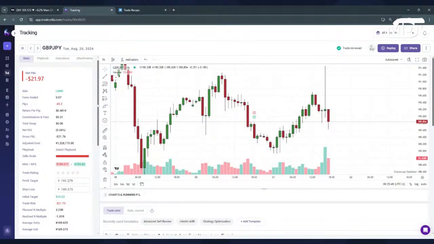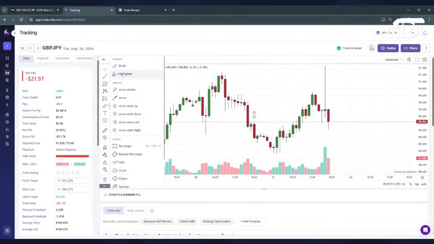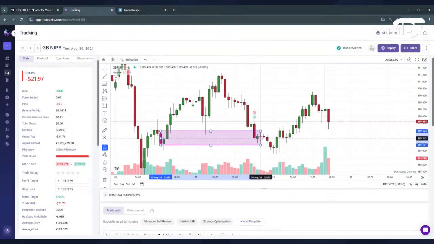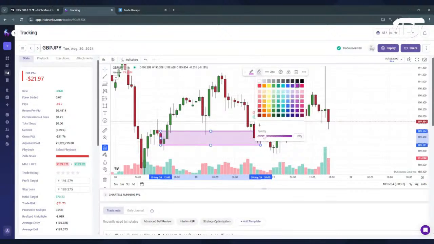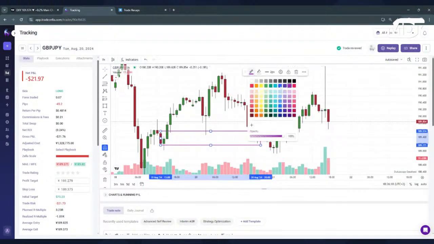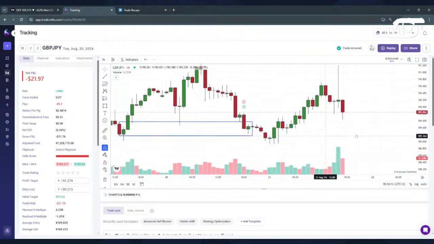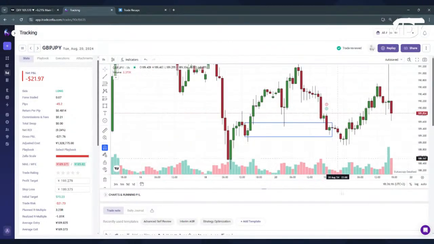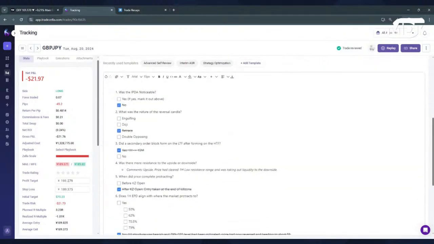Oh, it's this one. That's the order block. Let me make my order blocks blue like they are in my normal chart. That was an order block, and then we formed the order block on the lower time frame.